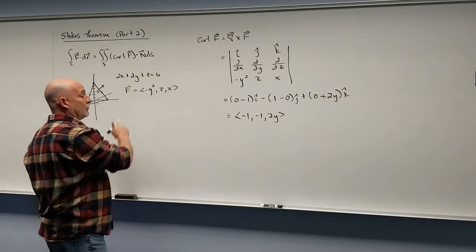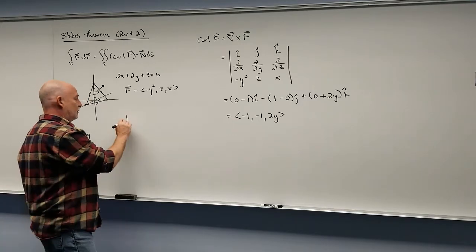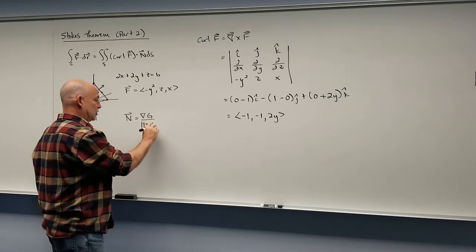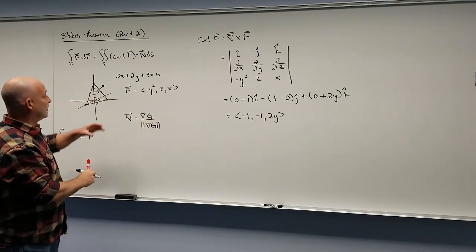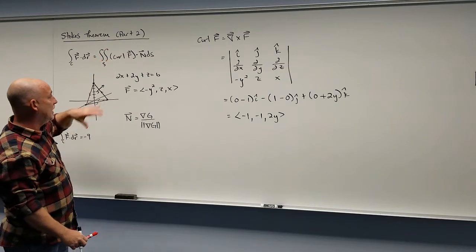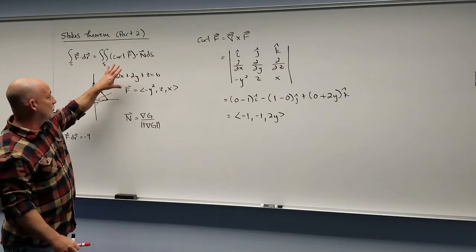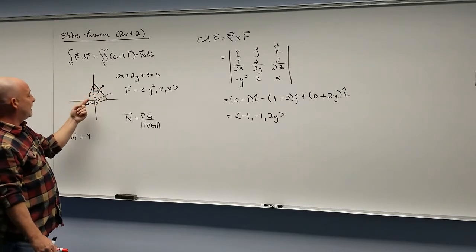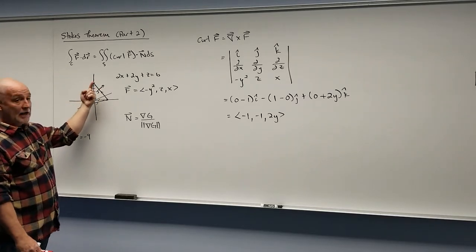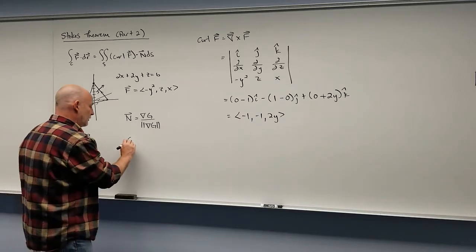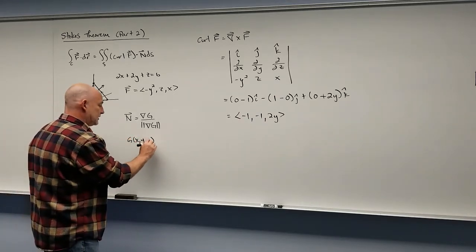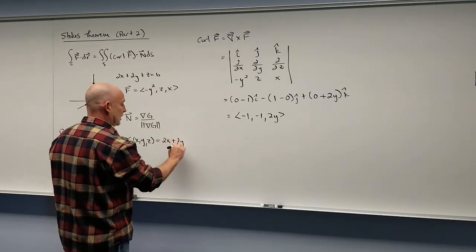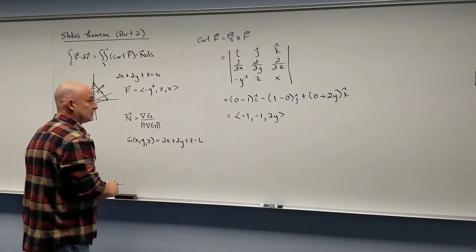Now we've got to find our normal vector. The way that we've always been finding our normal vector, remember, is del G over the magnitude of del G, and G was defined when we took our surface and moved everything to one side. Now we want to move everything to one side to make sure that we have the right normal vector. You can notice here that everywhere on the surface, the z component has to be positive. So we're going to define our big G of x, y, and z to be when we move everything to the side that keeps the z positive: 2x plus 2y plus z minus 6.